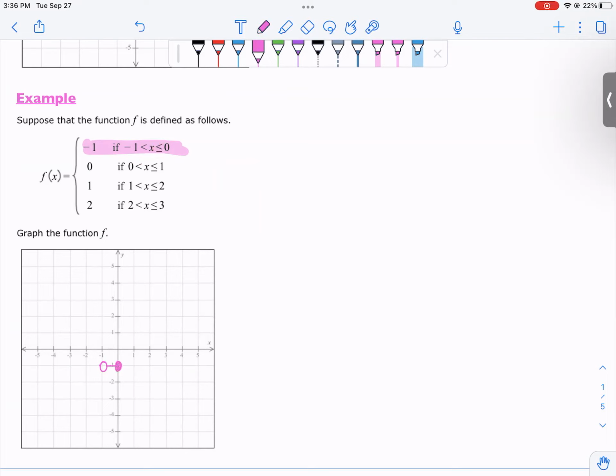So just really important to remember, these underlines correspond with solid circles on the graph, whereas no underline, those exclusive inequalities, those ones are open circles. So there was an open circle at negative 1 for this piece because it didn't have the underline. There's a closed circle at x equals 0 because it did.